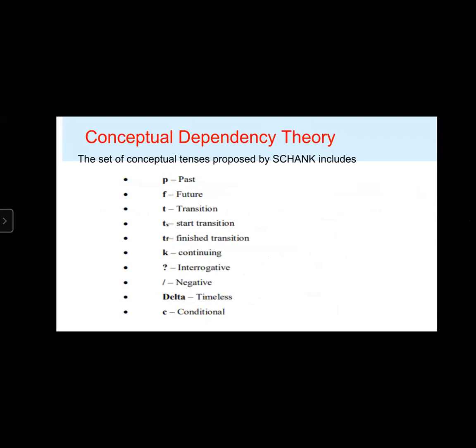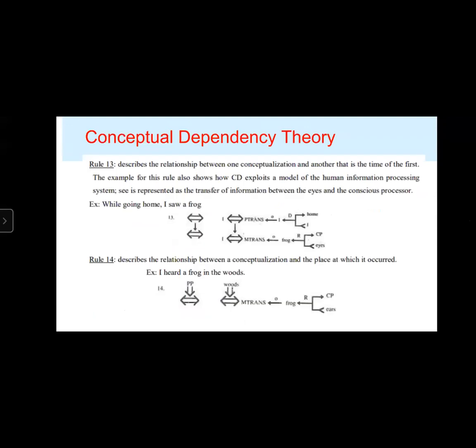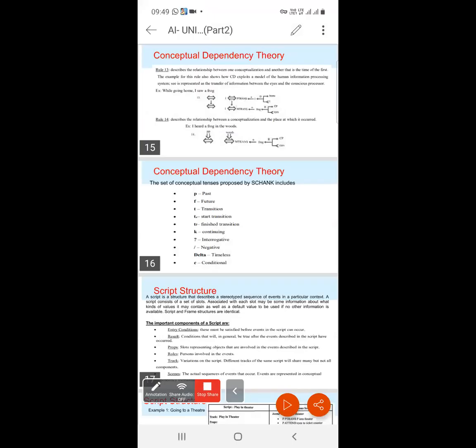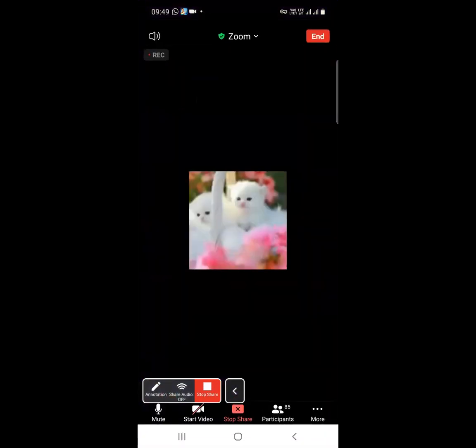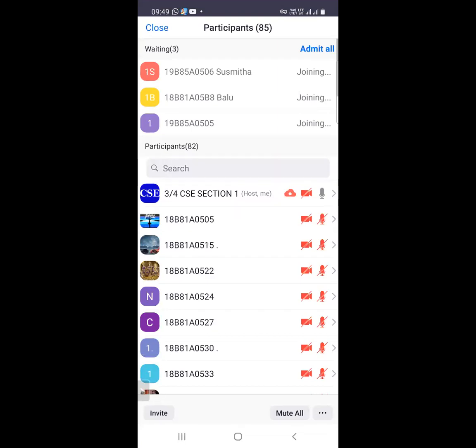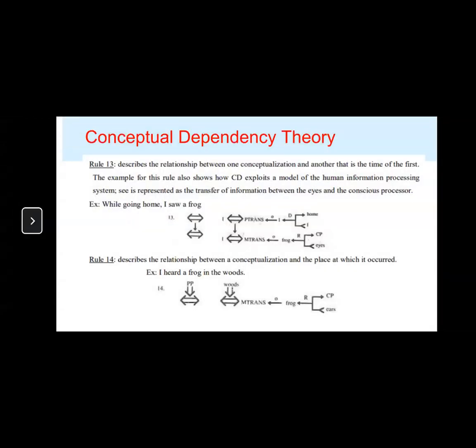Here we have some problems with CD representation. It is difficult to construct the original sentence from its corresponding conceptual dependency representation.